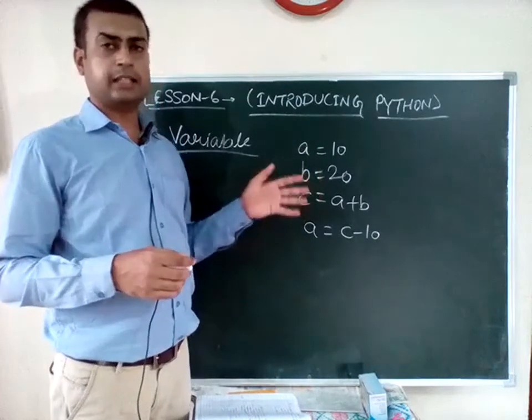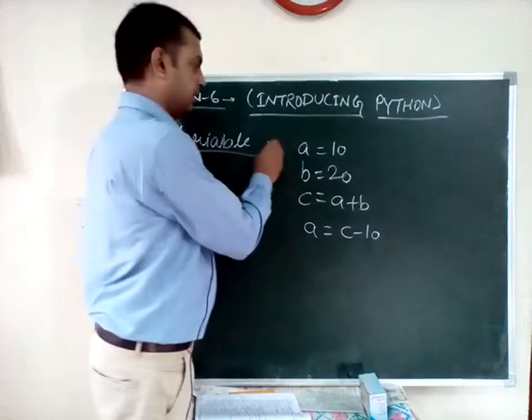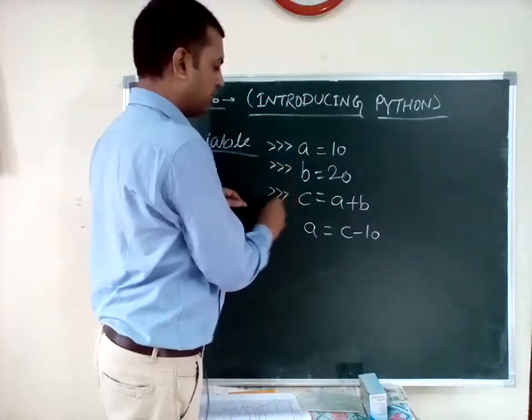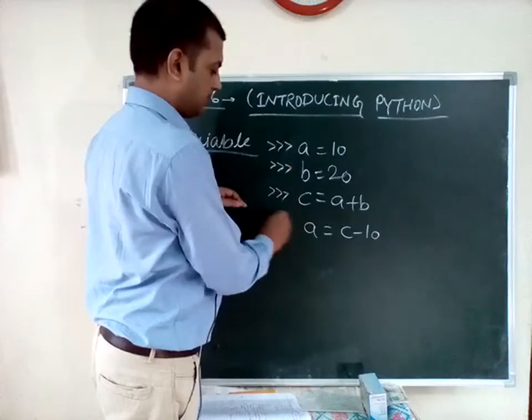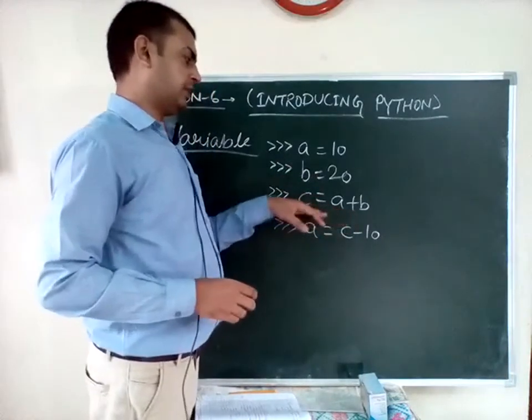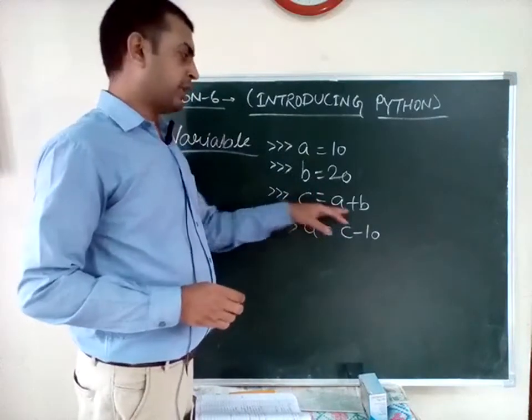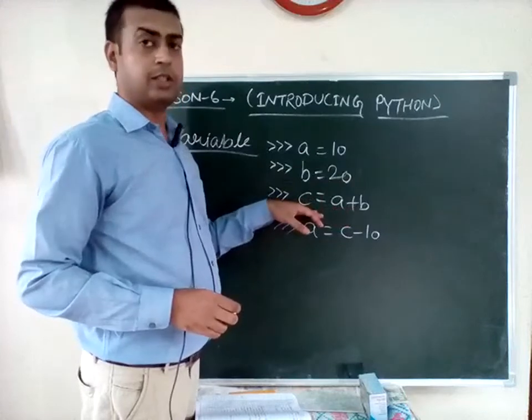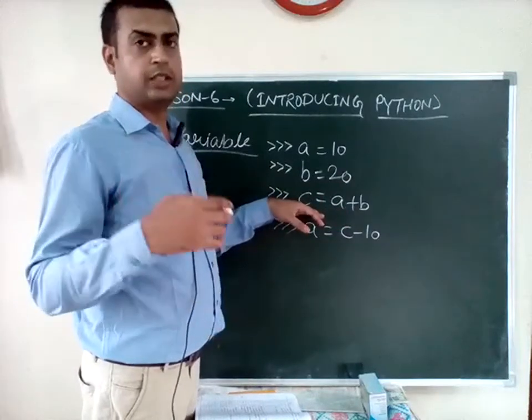So in interactive mode, three brackets will always come. Now here, what will be the answer? What is the value of c? a is 10 and b is 20, so 30 will be the answer of c. 30 will be stored in c.